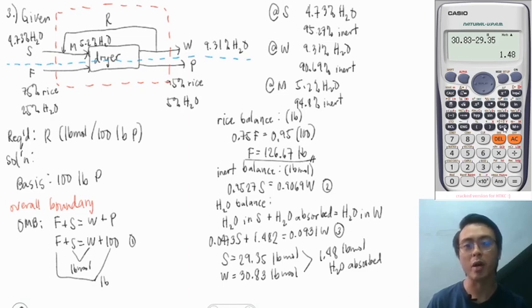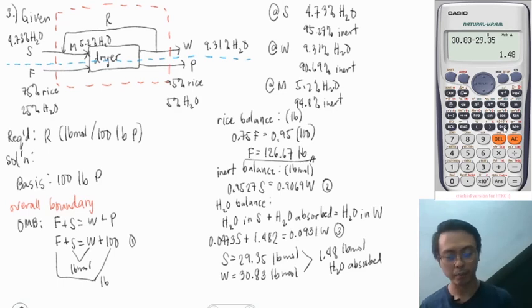We can also set the boundary either at the splitting point or the mixing point. Where do we have most of the given? I think we need to perform the balance at the mixing point. That's because we know the composition of M, or the mixed feed, so we can get the value of R. So let's try.